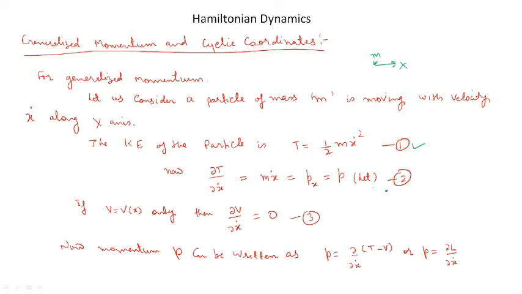Now if potential energy is a function of the position coordinates only, then we can write del V over del x dot is equal to 0.